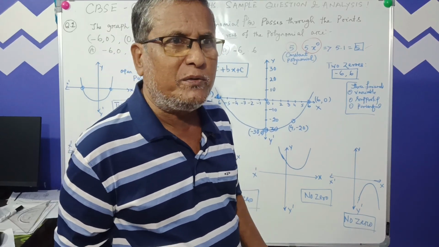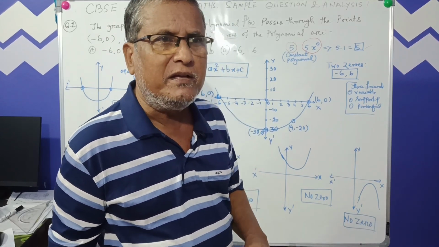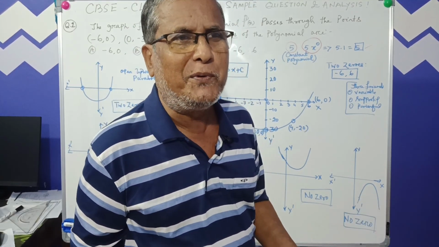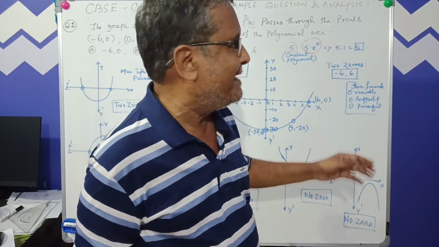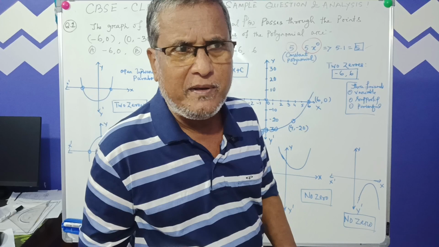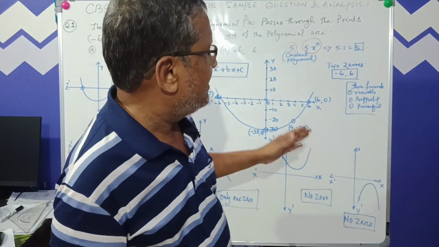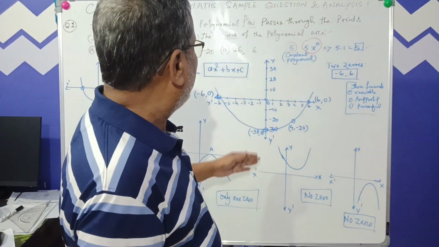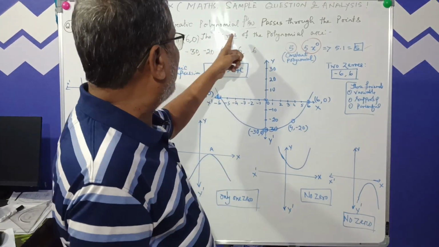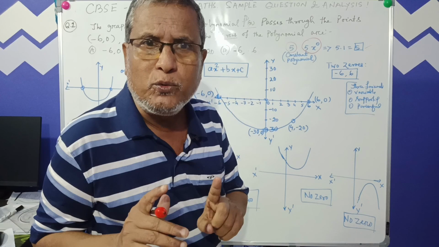Some students say poly means many, nomial means terms. Of course that is correct. It may be a monomial, a binomial or a trinomial. But as per our question, a polynomial can be expressed in two different ways.